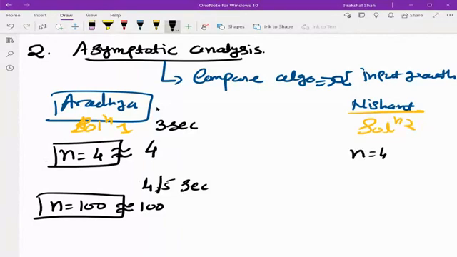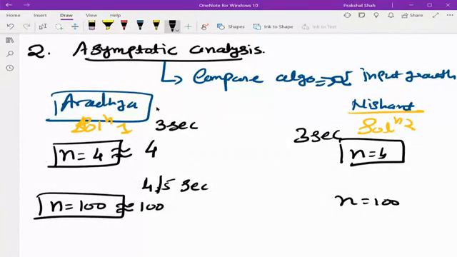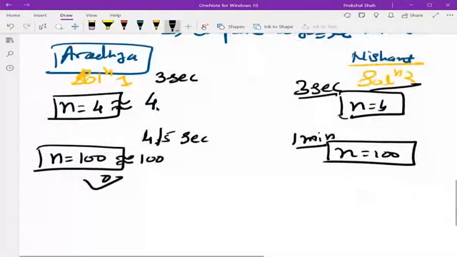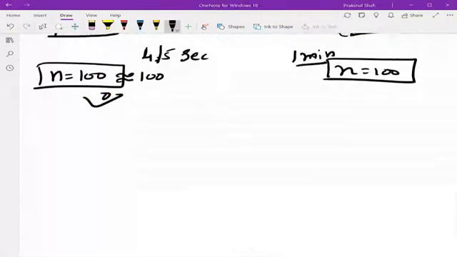Similarly, in the case of Nishant, for the first case, it has also taken 3 seconds. And for the case of 100, the system has completely collapsed with this particular solution. Let's say it has taken 1 minute. Comparing 3 seconds and 1 minute, there is a very big difference between the two. So I can say that this is better, but there are some criteria to evaluate that as well.